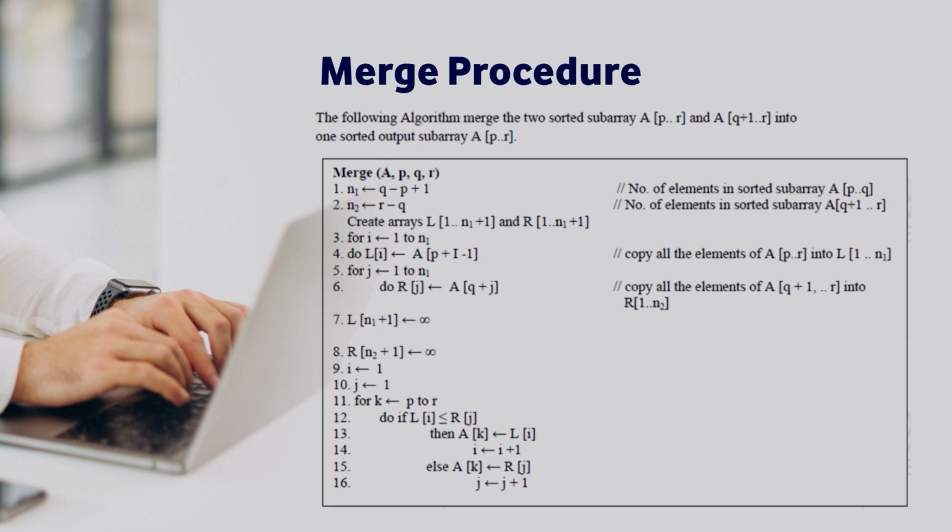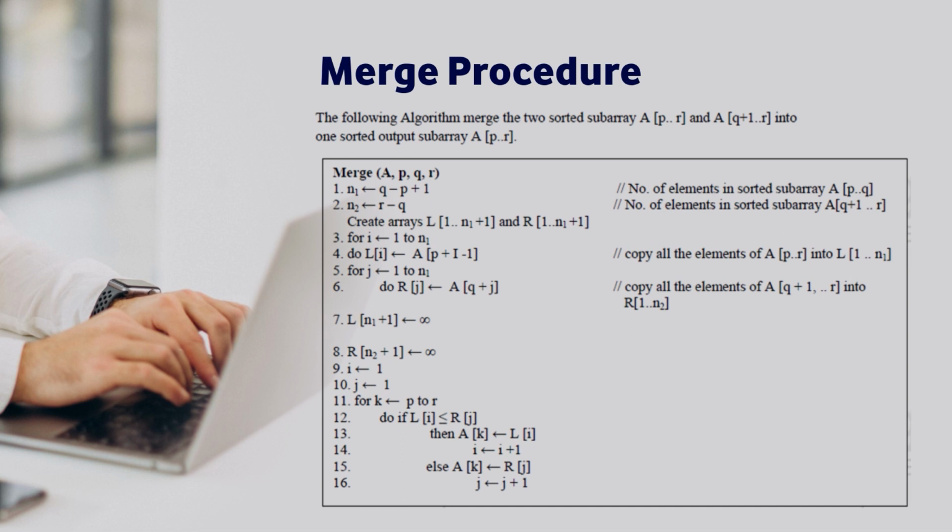The merge sort algorithm is very, very simple in itself, but the heart of the merge sort algorithm is the merge procedure. They are calling the merge procedure, where A is the array that you are giving to it, and P, Q and R are the values. A, P will be the first element, R will be the last element.